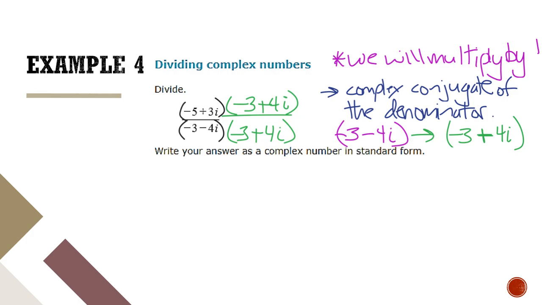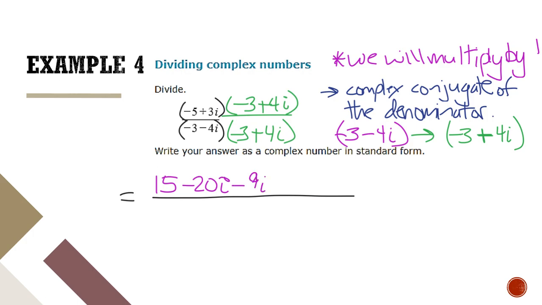So now we have a multiplication problem on top and a multiplication problem on the bottom, which the bottom one is actually very, very nice. So let's distribute out the top. Negative 5 times negative 3 is 15. Negative 5 times positive 4i is negative 20i. Switch it up. 3i times negative 3 is minus 9i.